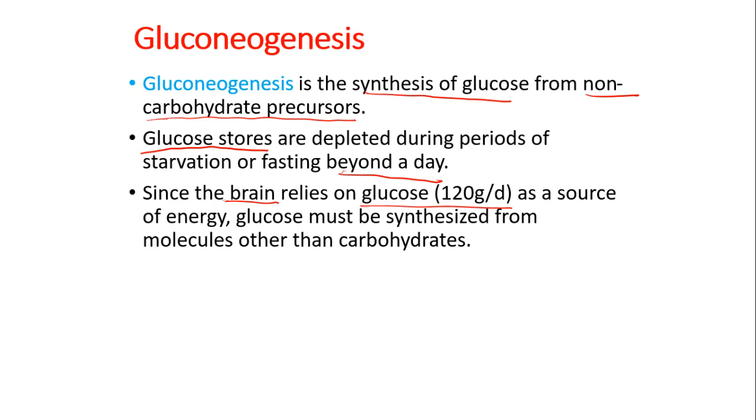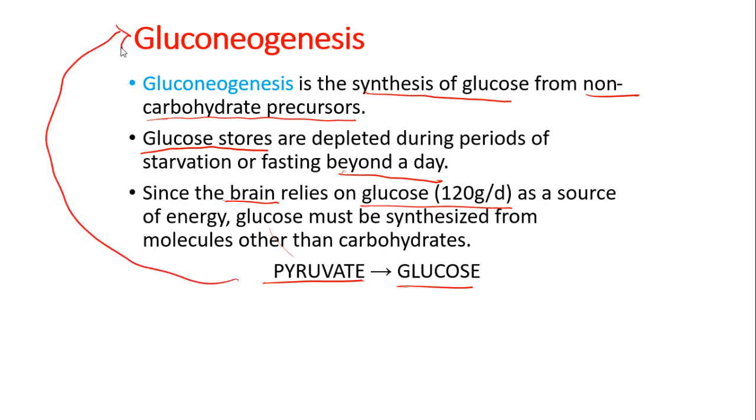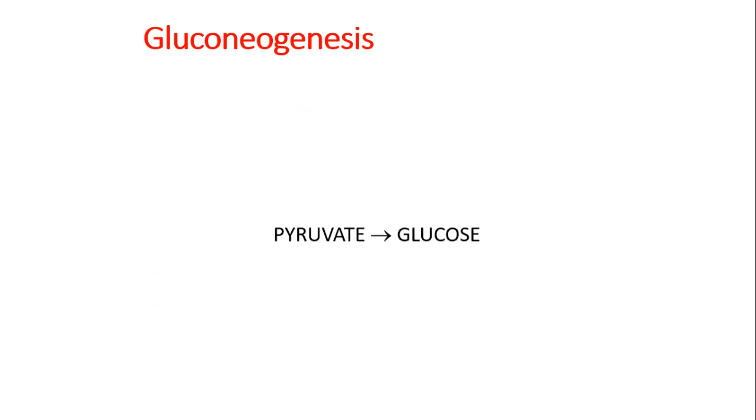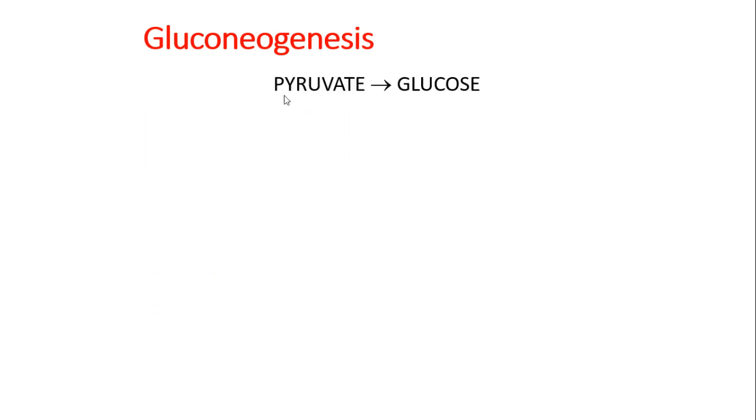Pyruvate will be converted to glucose, and this process is simply known as gluconeogenesis, which is the synthesis of glucose from a non-carbohydrate precursor. Like I have said, gluconeogenesis is just the conversion of pyruvate to glucose, and we know that glucose is normally acting as a source of energy.